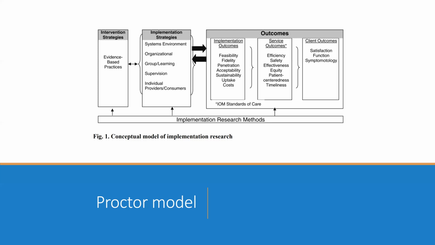Can people keep doing it after they've started it? How much does it cost? Does it spread to other places? Those are all different things that we can measure after we already know that it works, but we don't know whether it works in the real world, meaning are people actually going to use it.